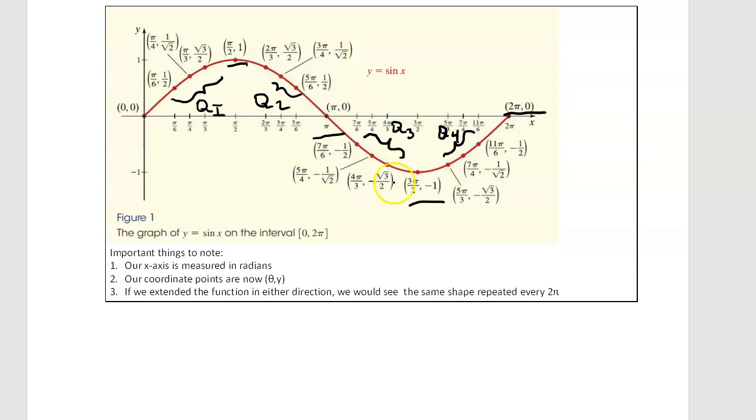So you've seen all these points before. Basically, the only thing that's happened is that we've reset. So we've kind of rolled out the unit circle onto a graph. That's kind of how I visualize it.